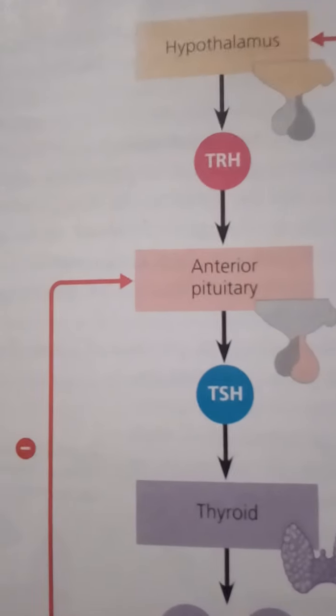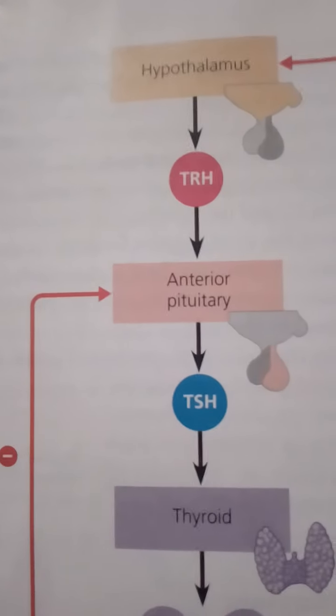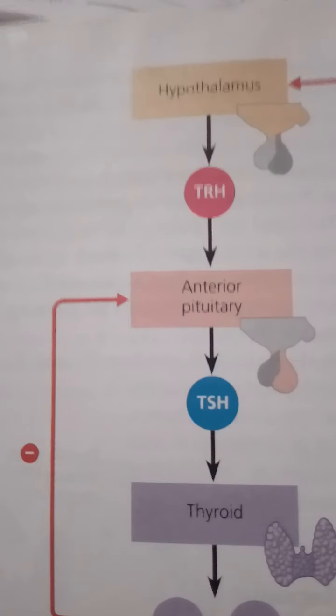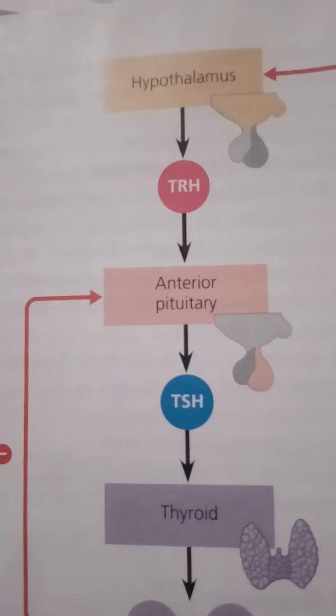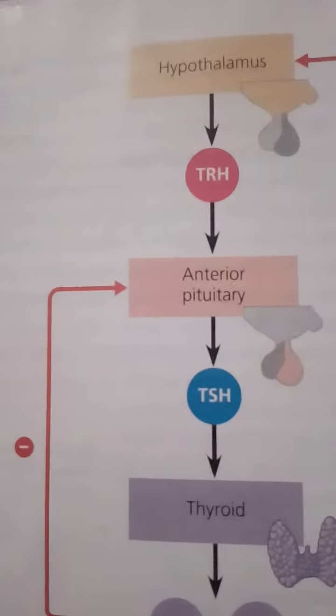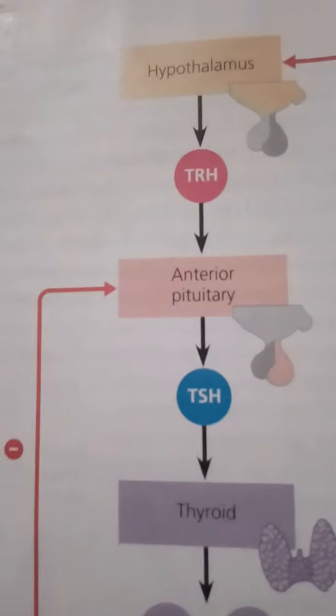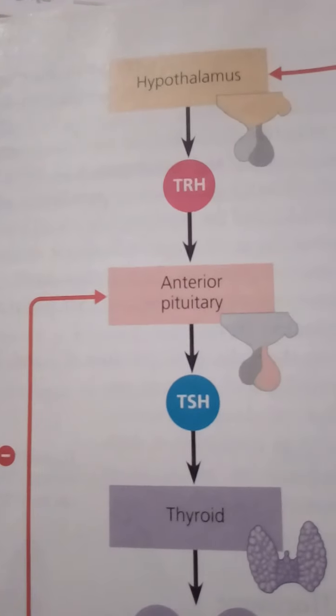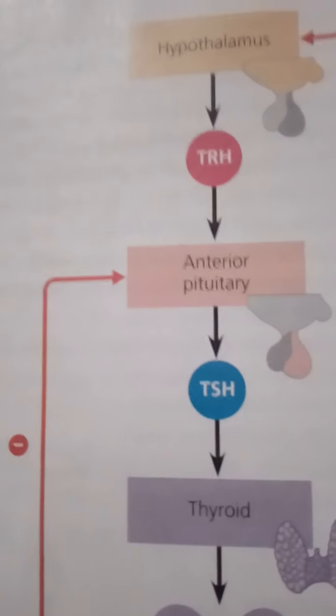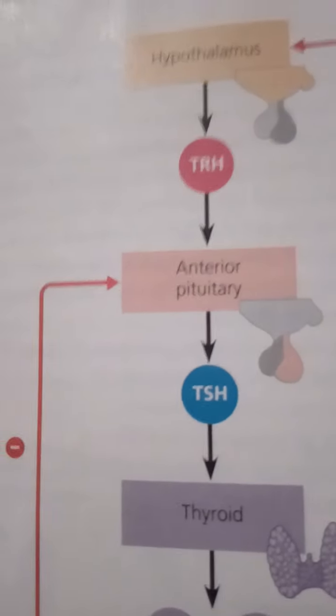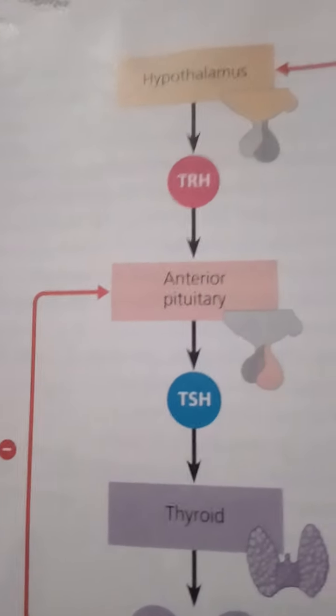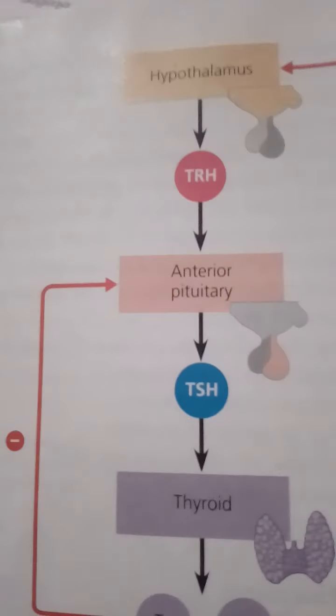triiodothyronine, T3, which contains three iodine atoms, and tetraiodothyronine, or thyroxine, T4, which contains four iodine atoms. In mammals, the thyroid secretes mainly T4, but target cells convert most of it to T3 by removing one iodine atom.